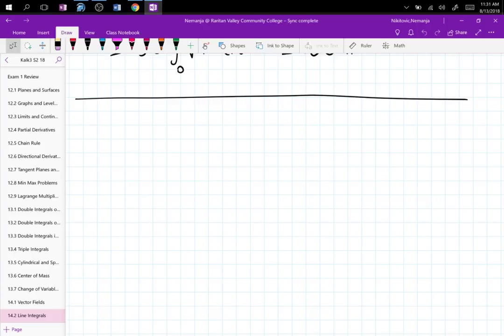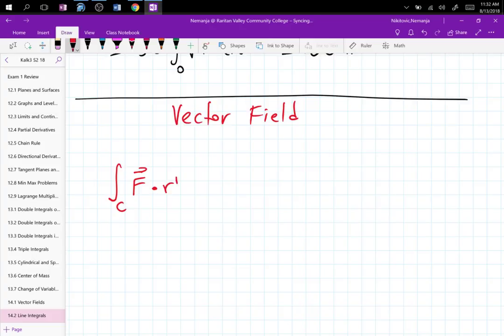And now, with the vector field, we are going to have the line integral computed with the vector field F dotted with r prime, your velocity. So now its velocity is not speed, right? The dt.